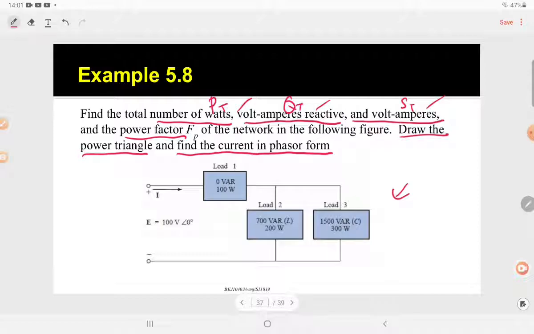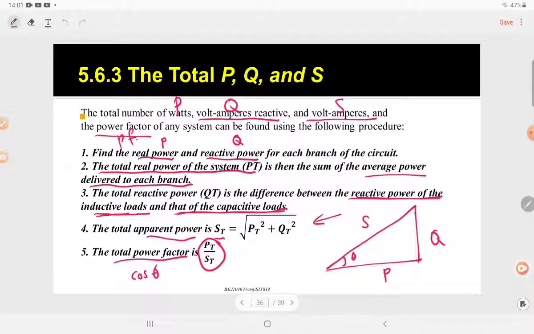In order to find PT, QT, and ST, remember these steps. To find the total real power, you sum the average power delivered to each branch. And for reactive power, you need to consider the difference between the reactive power of the inductive load and the capacitive load.